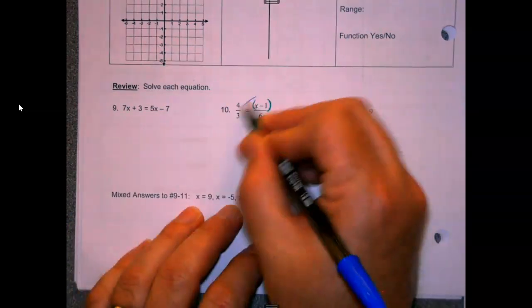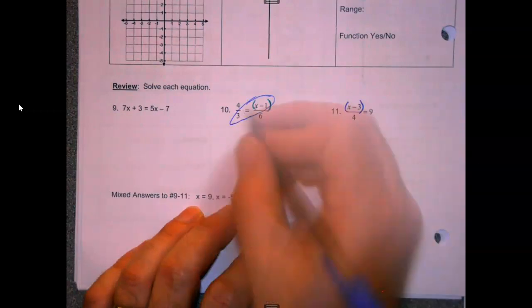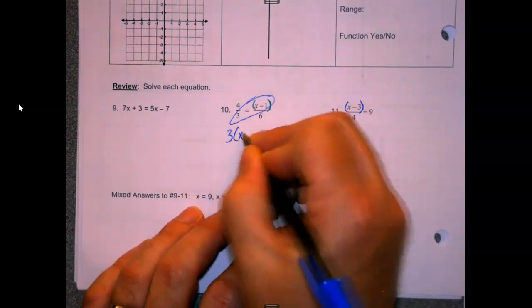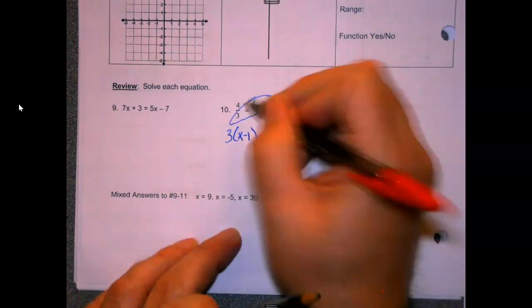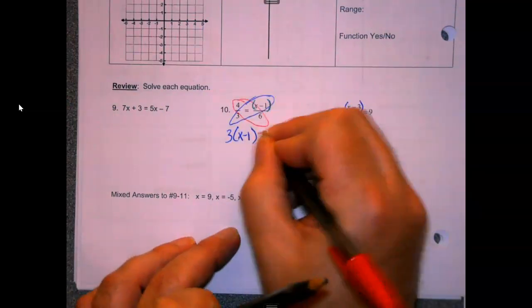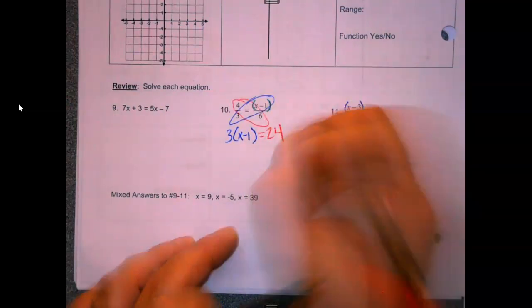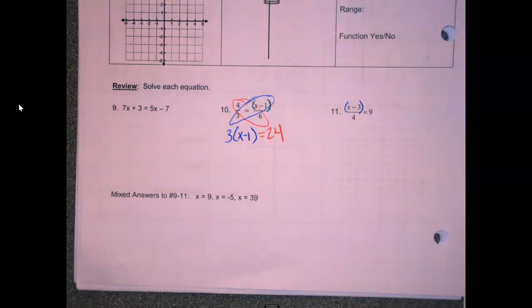But here, I need the parentheses because if I don't distribute, that's going to be a problem. I'm not going to get the right answer. So I'm getting you started on that one, but I'm not going any further because I'm hoping we can distribute and do a two-step equation. I think you can. I have confidence in you.